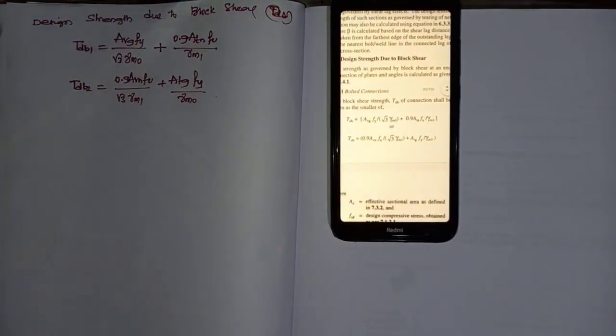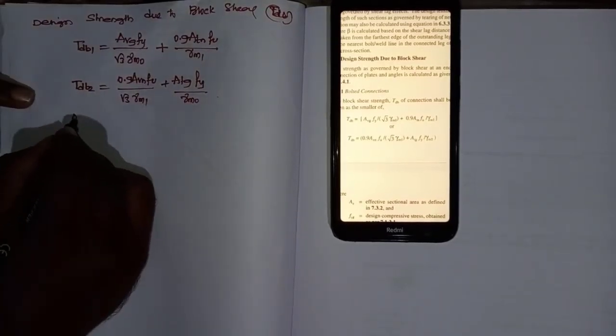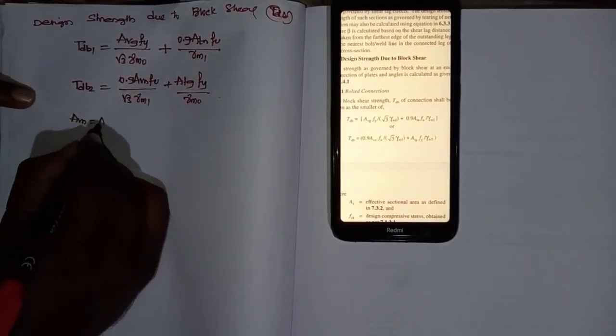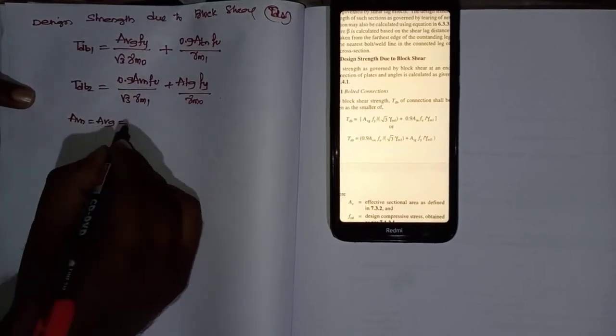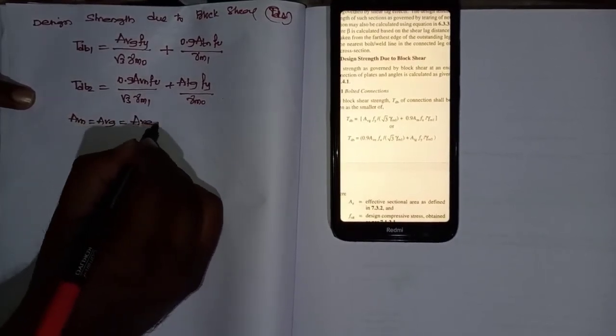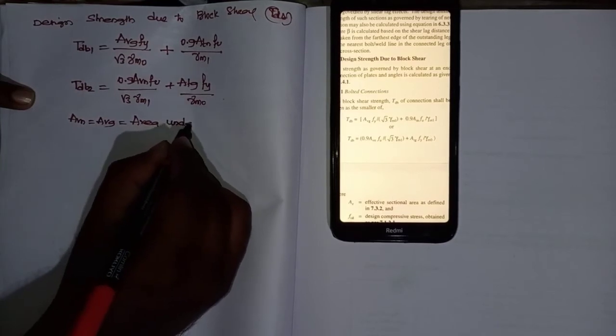These are the two formulas. In that, what is this AVG, ATG, AVN? Here V stands for shear, and T stands for tension. AVG or AVN is nothing but area under shear.